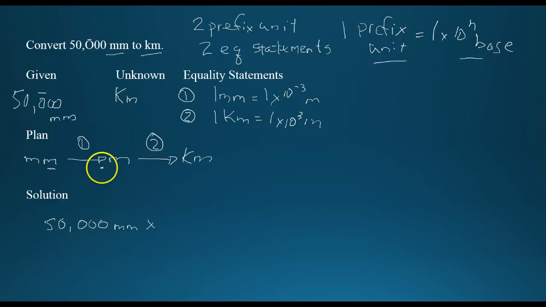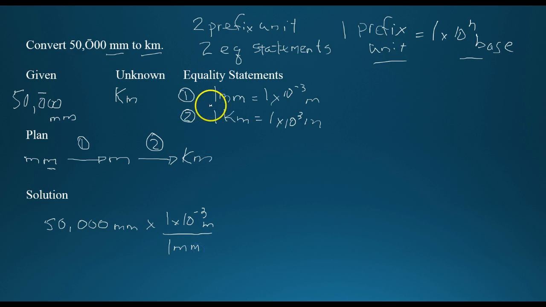Now the beauty of the plan is that arrow is always pointing to what unit is going to be in the top part of our conversion factor. And so the first part of this, we are solving for meter. So using this first equality statement, I want to put meter on top. And in the equality statement, we have 1 times 10 to the minus third meter over 1 millimeter.